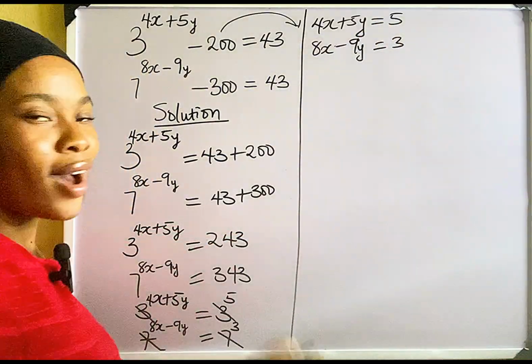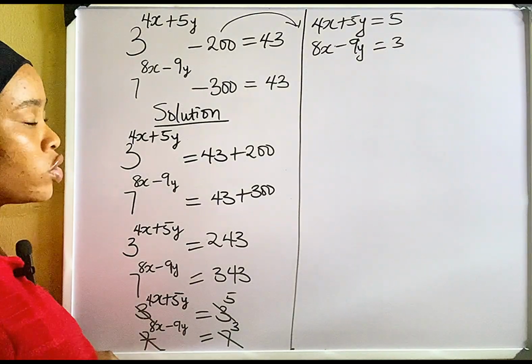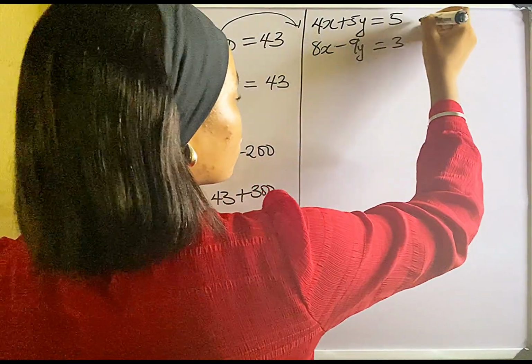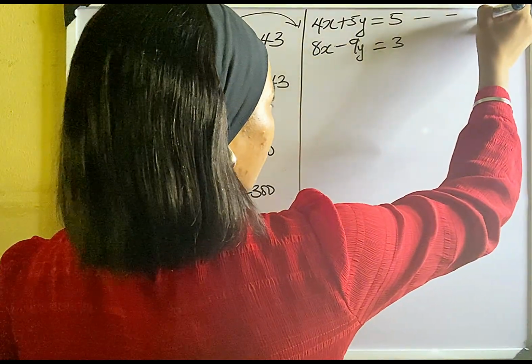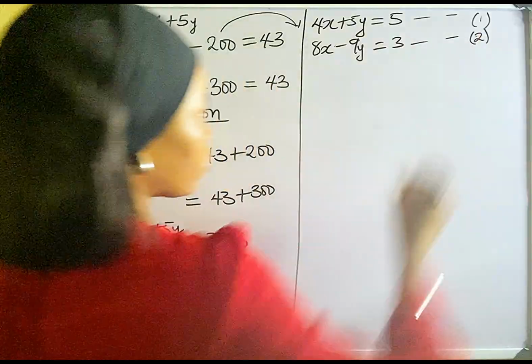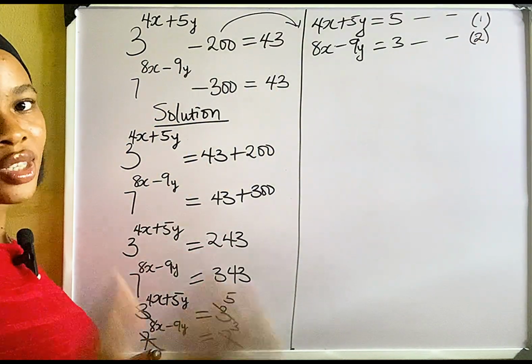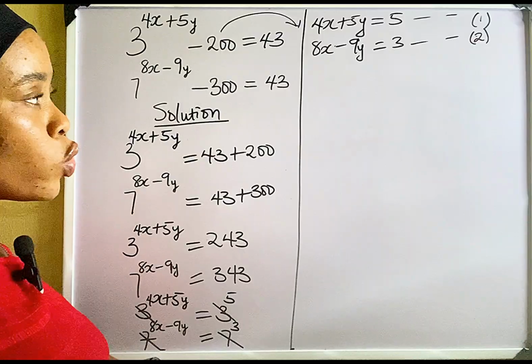So you see we now have our simple linear simultaneous equation. So now this we tag as our equation 1, and this our equation 2. So now we can solve this the way we solve our simultaneous linear equations.